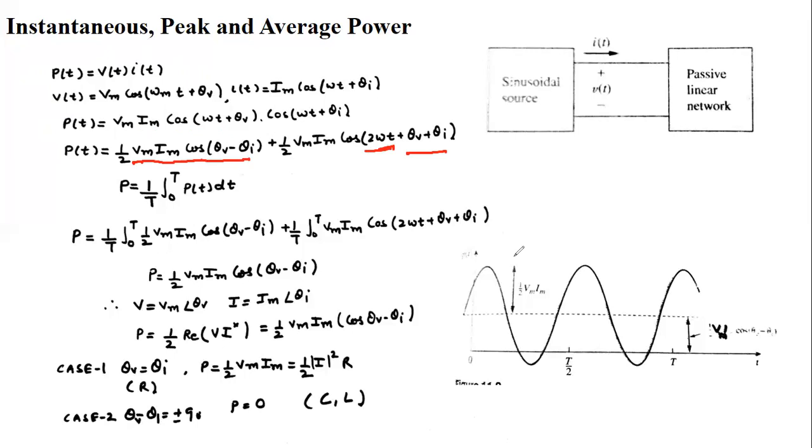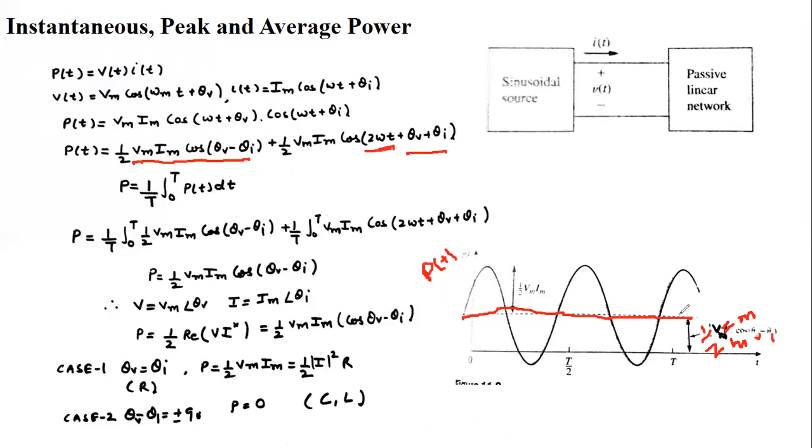So how can we represent this equation? If we represent this power p(t) with respect to time, this is representing the constant term, that is the first term, half Vm Im cos(theta v minus theta i).